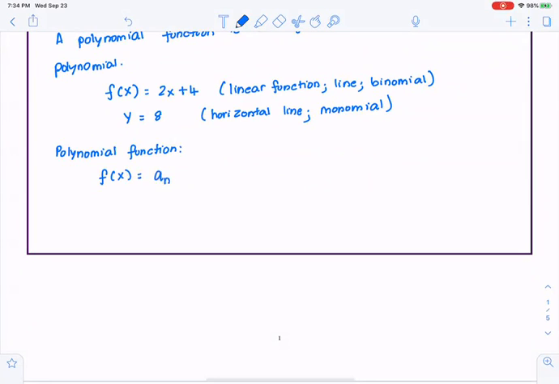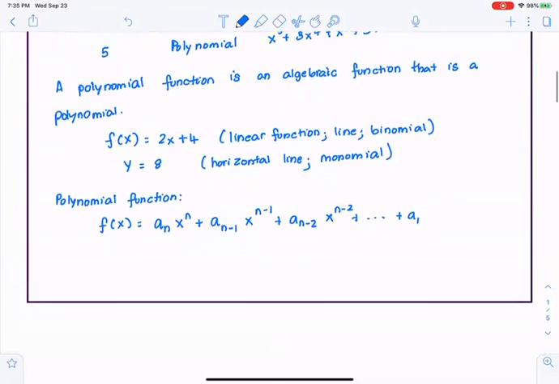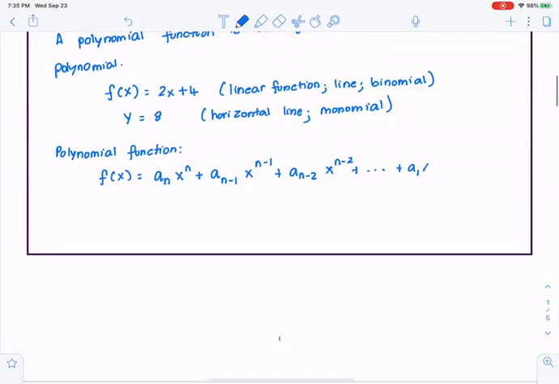Some constant a sub n multiplied by x raised to n plus some constant a sub n minus 1, x raised to n minus 1, a sub n minus 2, x raised to n minus 2, all the way up to some constant a1, x raised to 1, which is simply x, a sub 0, x raised to 0 is simply 1.